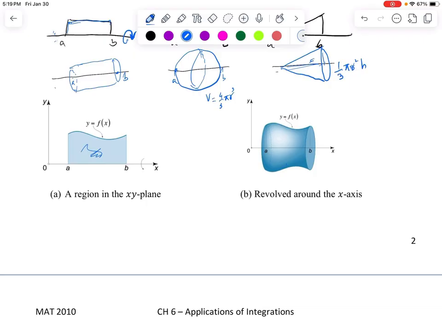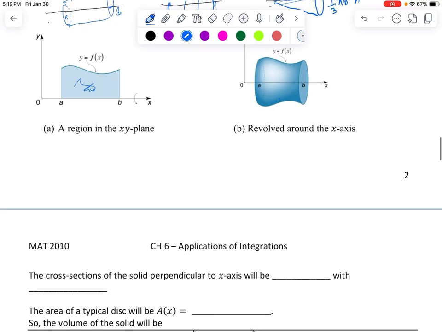So let's see. Now basically the idea is that we will do the same thing, that we will cut slices. In this case, we know what the slice is going to look like because we revolved it around the x-axis.